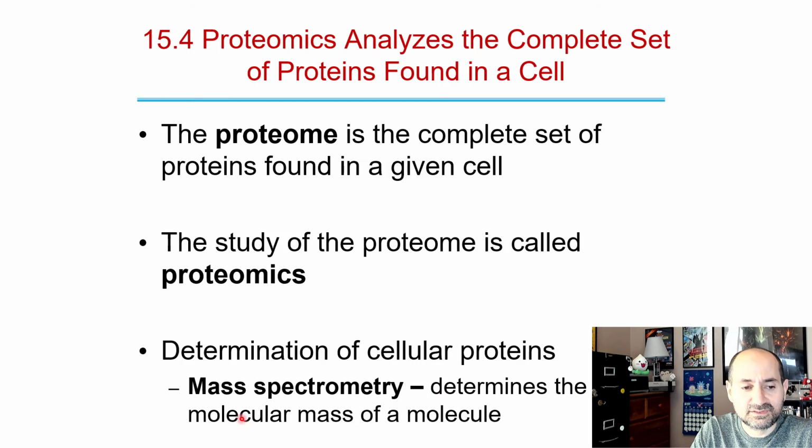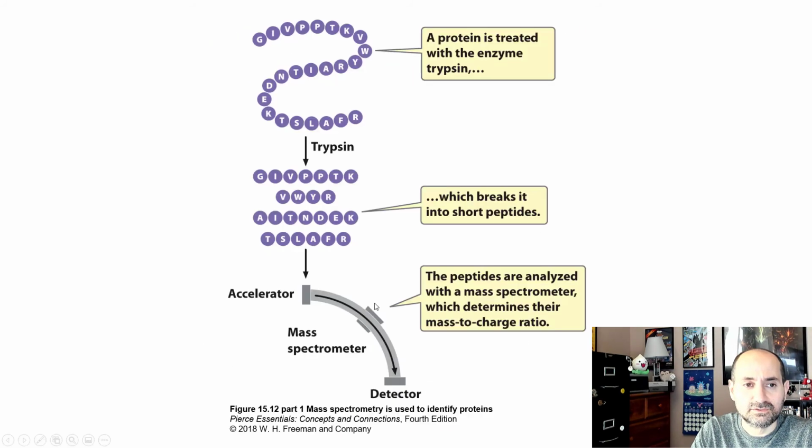This determines the molecular mass of a molecule. So here's how a mass spec works. You have a protein. These dots represent the amino acids of a particular protein polypeptide chain. And you treat the protein with an enzyme, trypsin, and it cleaves the protein. I believe it cleaves at lysine residues, which breaks it into short peptides.